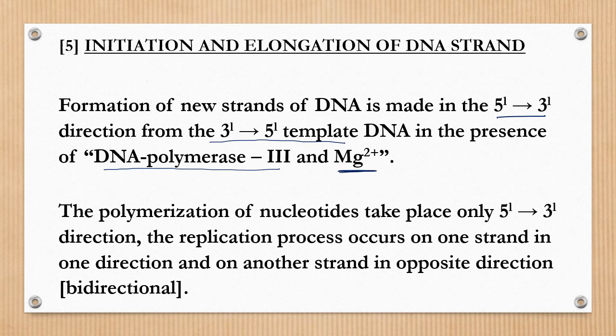The polymerization of nucleotides, that means addition of more nucleotides, takes place only in the 5 to 3 direction. The replication process occurs on one strand in one direction, and on the other strand in the opposite direction. That's why it is bidirectional.